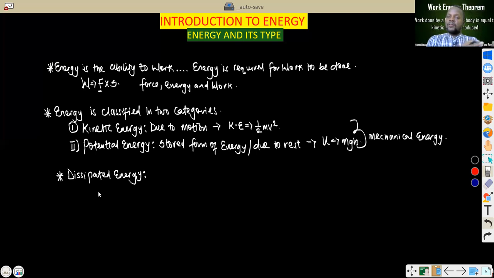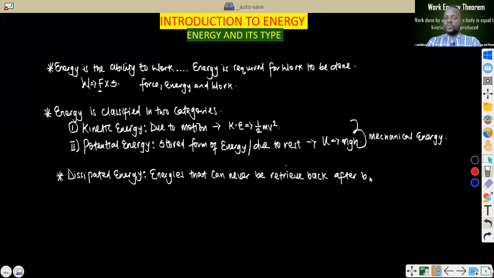Now, how are they formed? We need to understand the concept very well. We can write that dissipated energies are energies that can never be retrieved back after being lost to the surrounding.